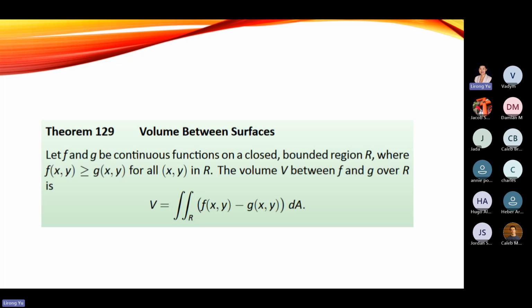One represents a surface that's higher, and the g function represents a surface that's lower. So if you want to find the volume between these two surfaces, you can use a double integral like what's written here: a double integration of f of x y minus g of x y. Basically, it's top surface minus bottom surface.